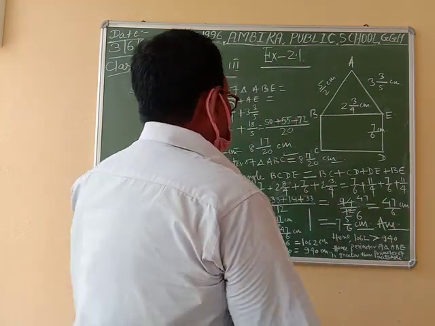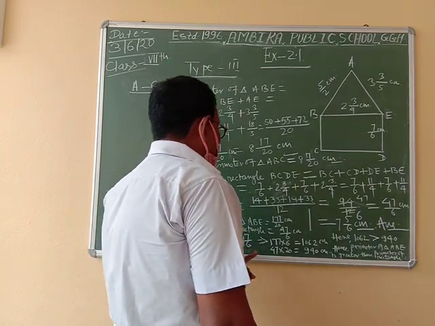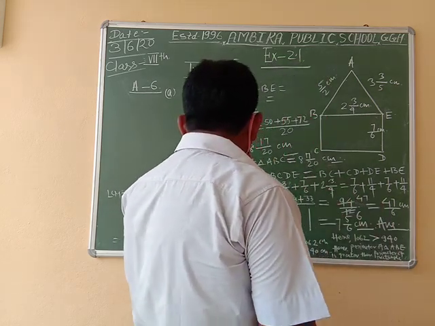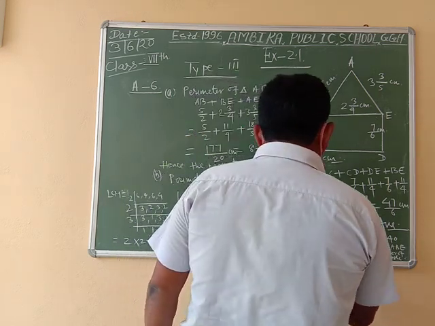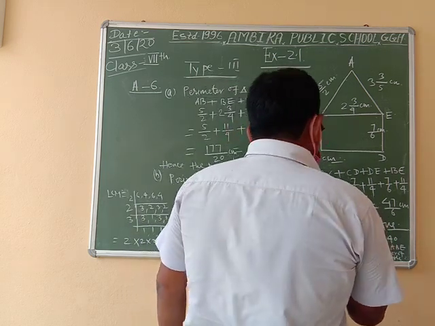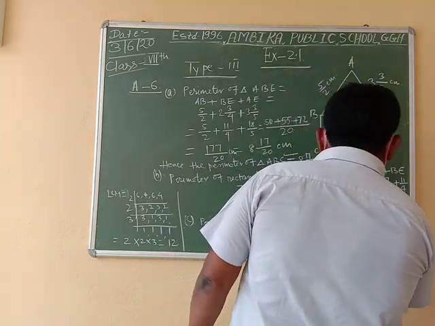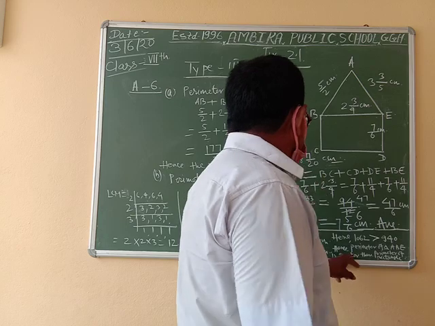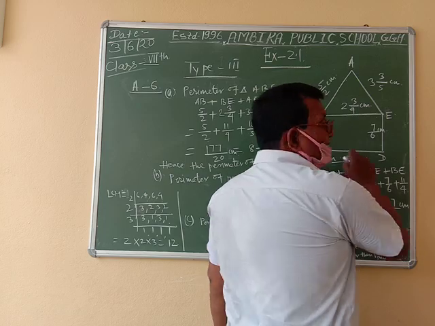Comparing both perimeters, we multiply 177 by 6, we have 1062, and 47 by 20, after multiplication 940 centimeter. Comparing both, we see that 1062 is greater than 940, hence the perimeter of triangle ABE is greater than the perimeter of rectangle BCDE.